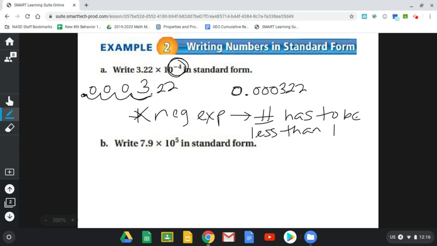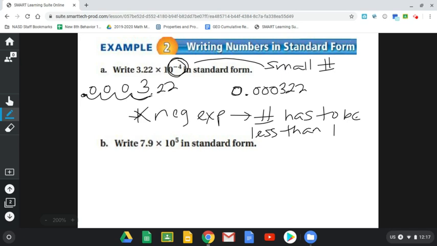Another way to think about that is that scientific numbers that have negative exponents always mean you're dealing with a really small number. That's how I like to explain it. If you see a negative exponent, you should have a small number, which means it should be a decimal, with some zeros in there usually. It doesn't have to have zeros, but it's at least going to have that decimal with a 0 to the left. It's always going to be less than 1.